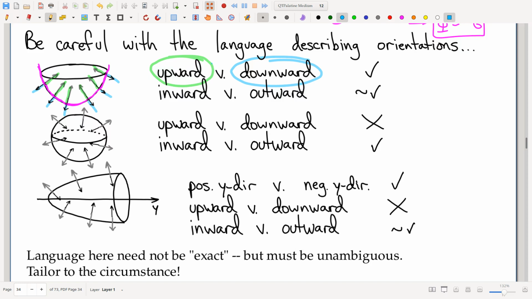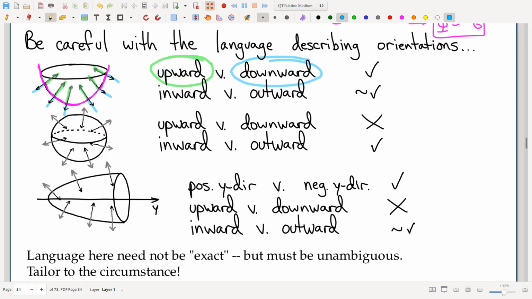N equals 0, 0, 1 pointing straight up is not even on the table. That's not even perpendicular to the surface. So when we say upward or downward in a situation like that, we're just looking for ways that are unambiguous in distinguishing between the actual 2 options that exist. And notice these green vectors, all of them point at least somewhat upward and in no sense downward.